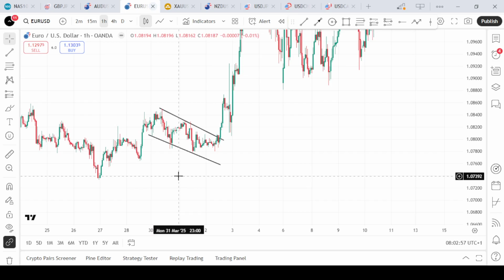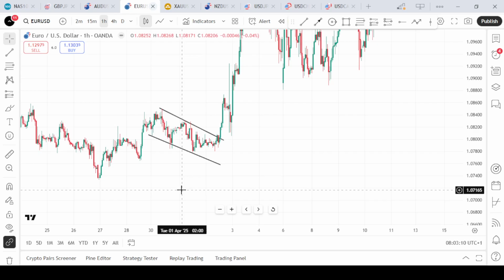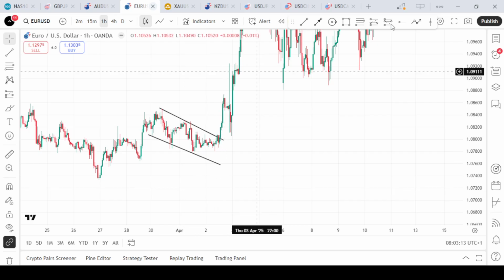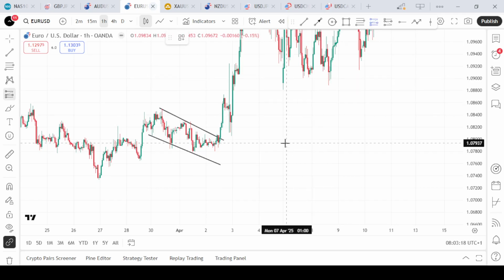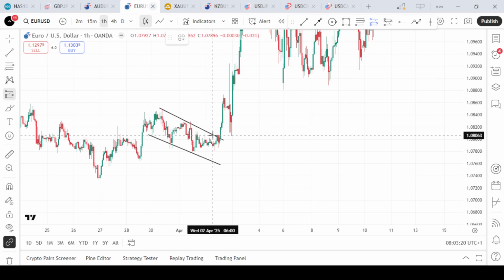Now the breakout of the flag is usually in the direction of the trend. It signals a potential continuation. So you enter your trade after the breakout and you place your stop loss just below the consolidation zone, and you use the length of the flagpole to estimate your target.